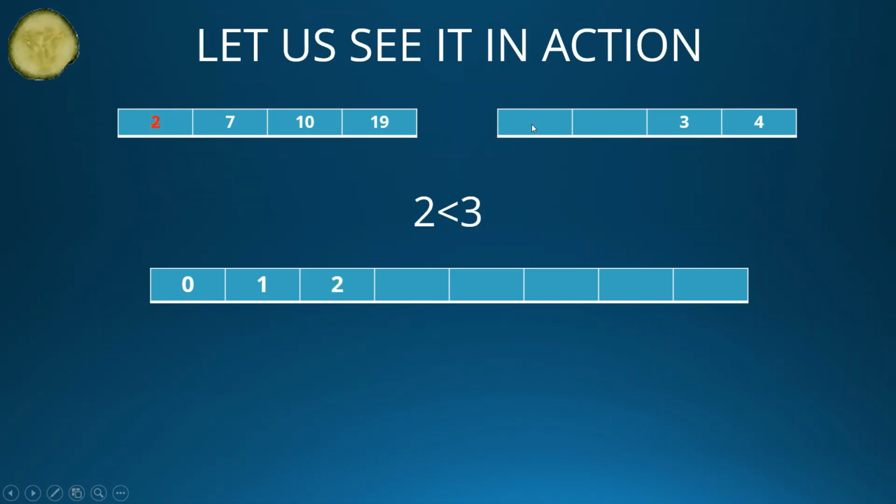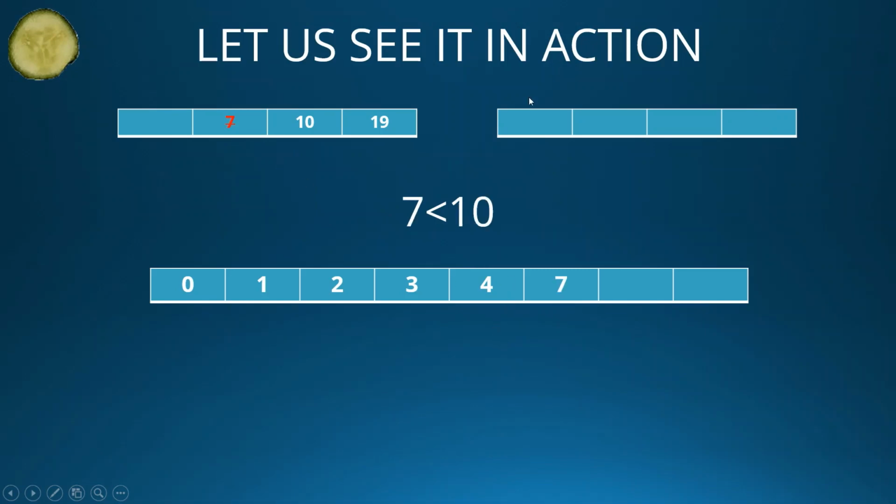Moving forward, now we are comparing 3 and 2. This time 2 is smaller than 3, and therefore 2 is going to be eliminated and take the next spot. Moving forward, 3 is smaller than 7, therefore it is going to be eliminated and take the next spot. 4 is less than 7, therefore 4 is going to be eliminated and take the next spot.